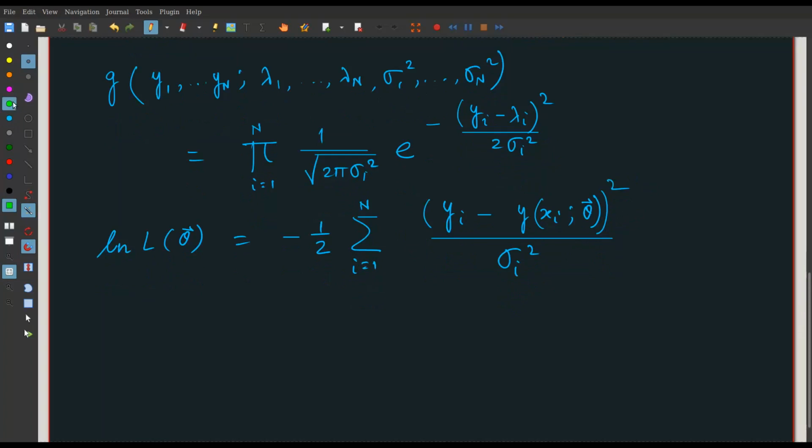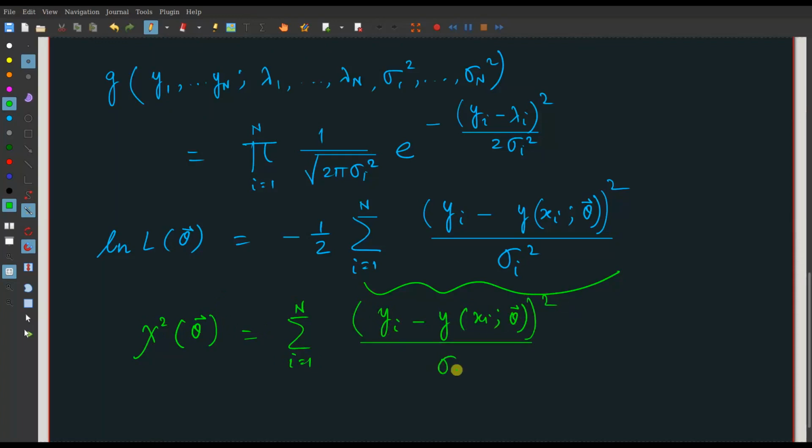But instead of that, I can choose to define, because this really looks like the chi-square function: the average minus the true mean divided by the sigma square. So I define a chi-square function equal to the summation over i equals 1 to n of (yi minus y of xi, theta) whole square by sigma i square.